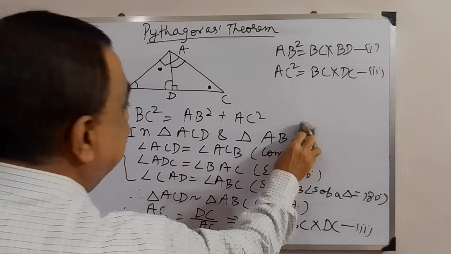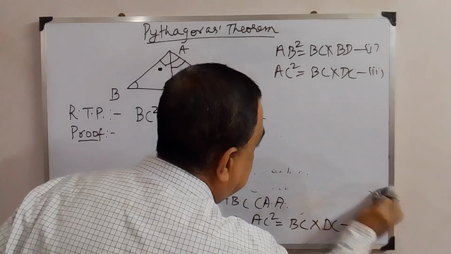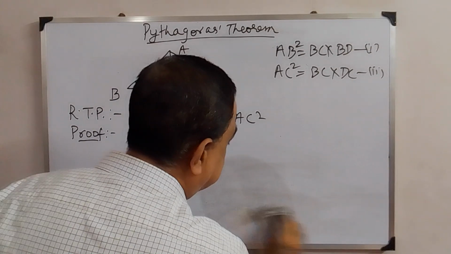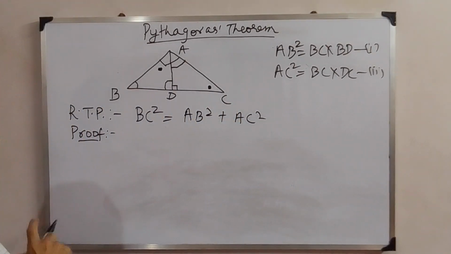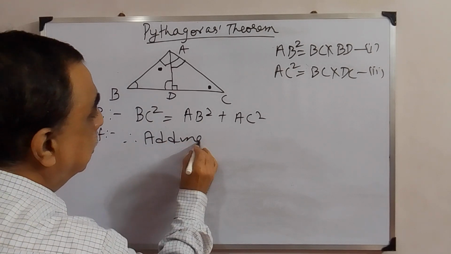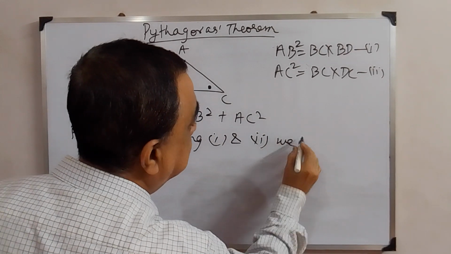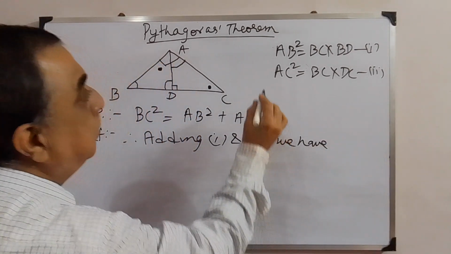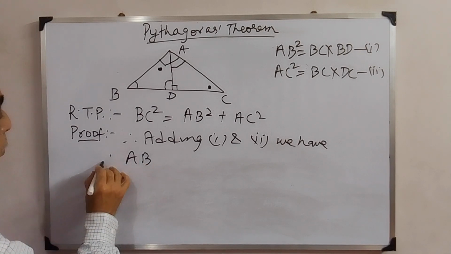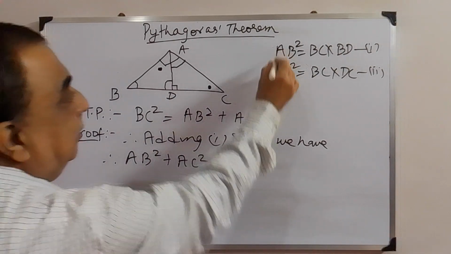Now we will add these two statements. Adding 1 and 2, we have AB squared plus AC squared on the left hand side.